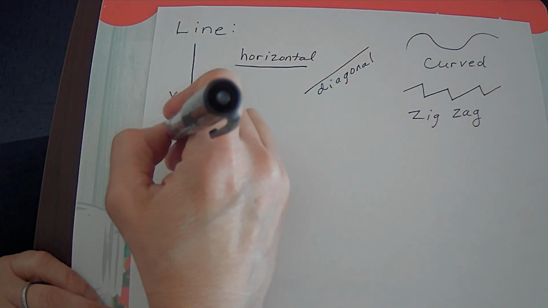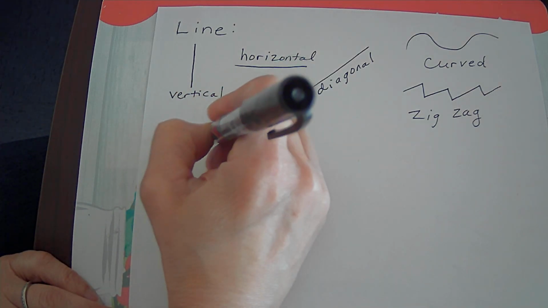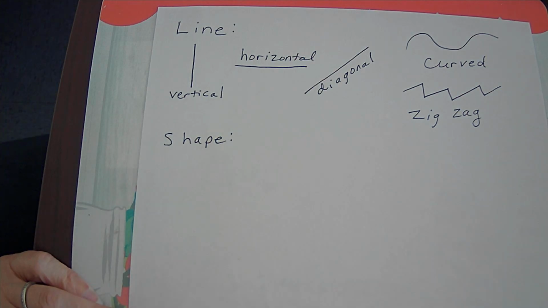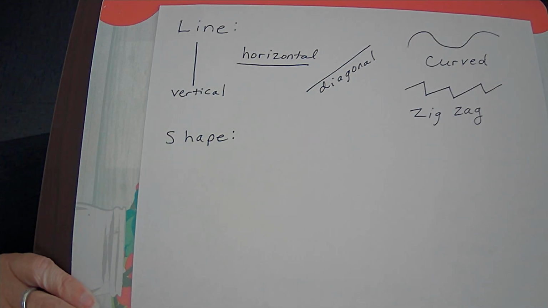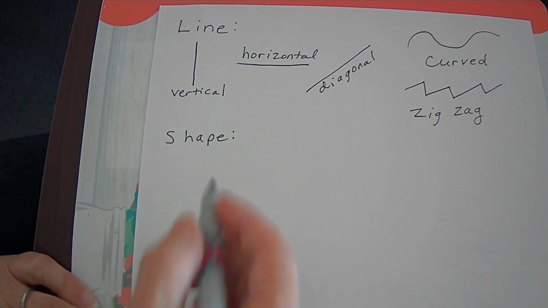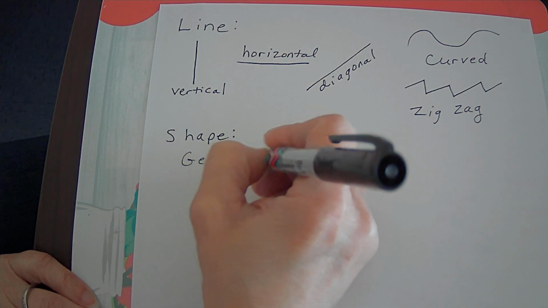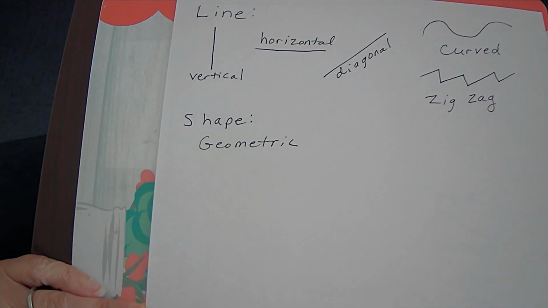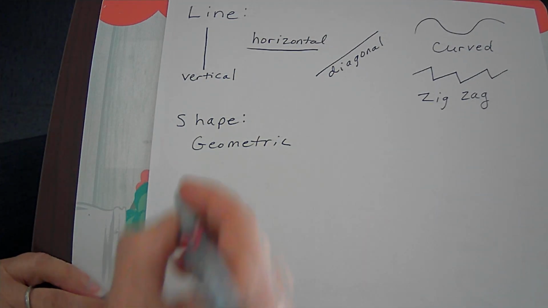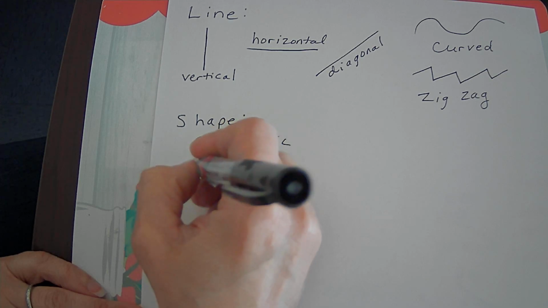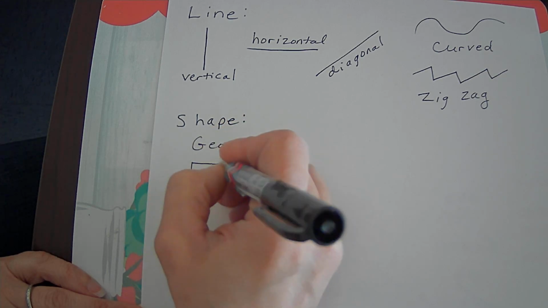Okay, next one is shape. So there are 2 types of shapes. We have geometric. Geometric shapes are shapes that you can name. So I could have a square.